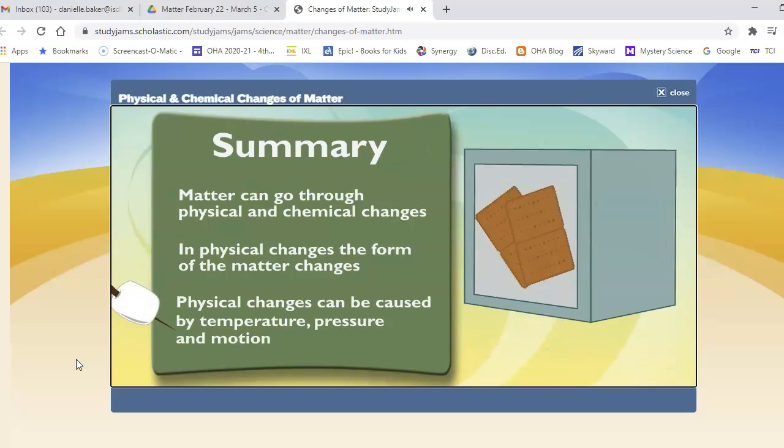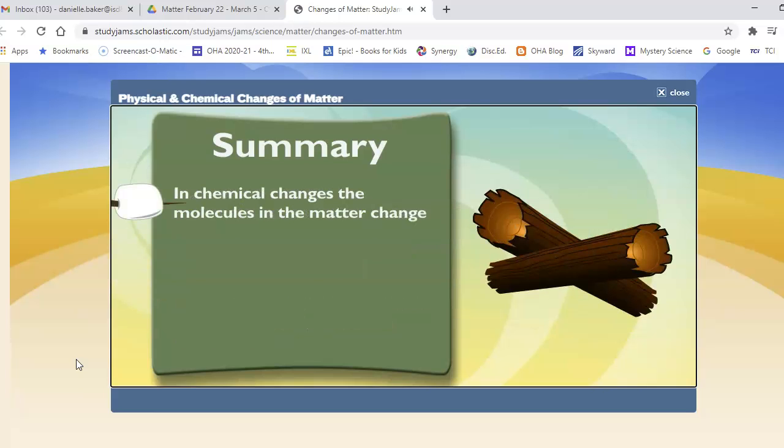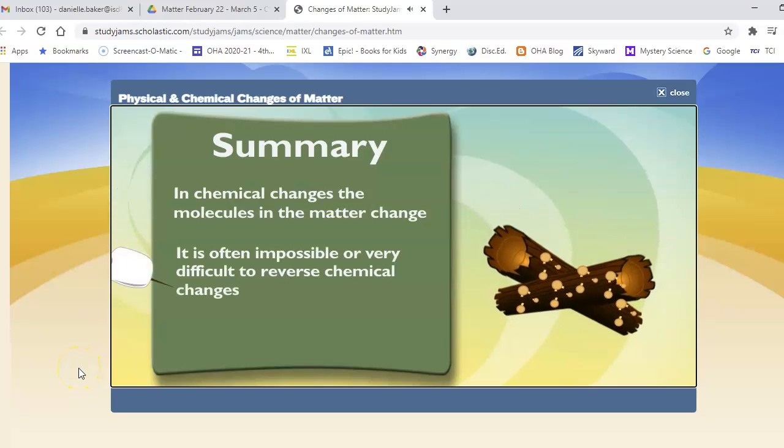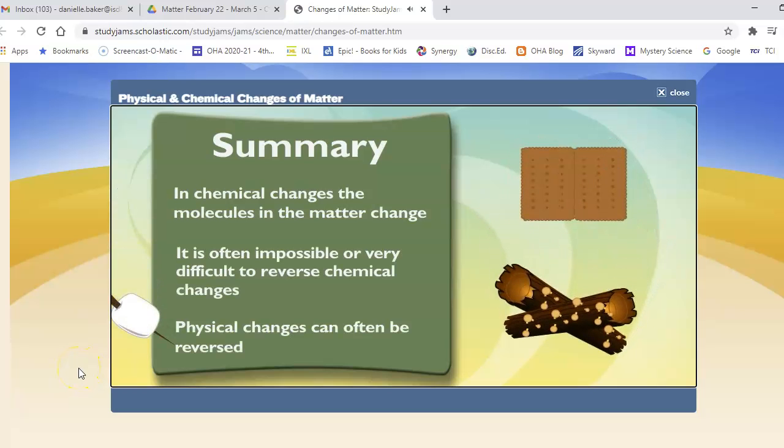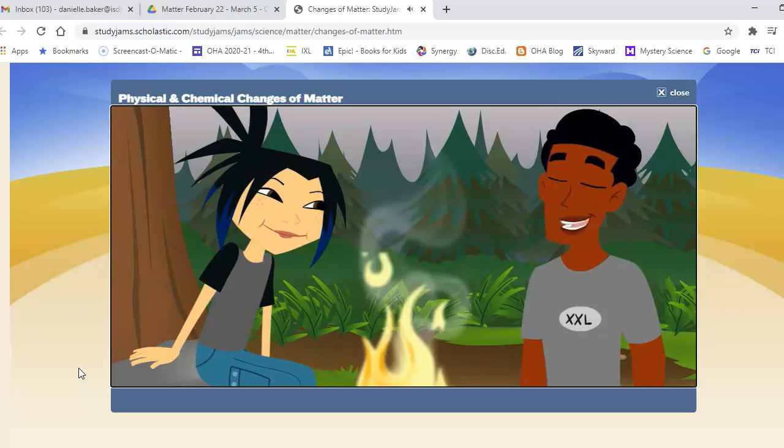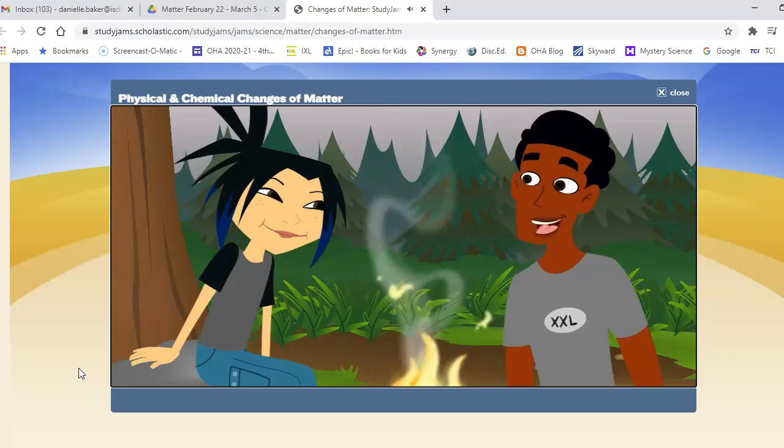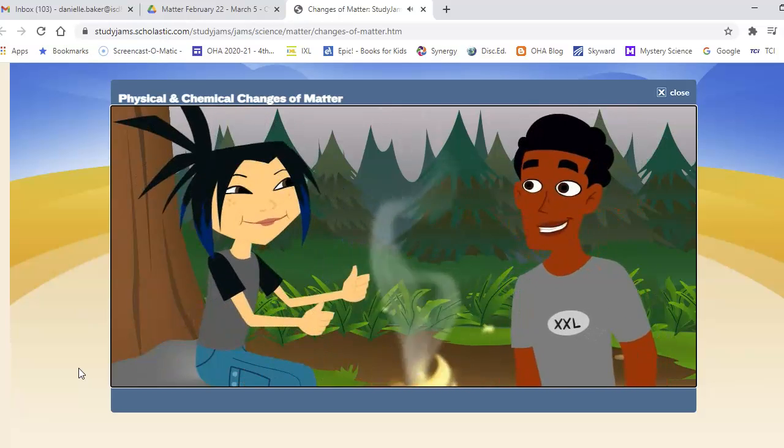Temperature, pressure, or motion, like me throwing my bag around, can cause physical change. A chemical change changes the molecules in matter, and that can't usually be reversed. A physical change can be reversed most of the time. Nice job. I'm just gonna pretend I understood that and say thank you.